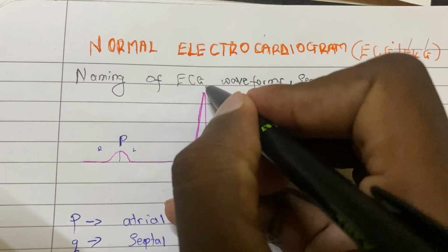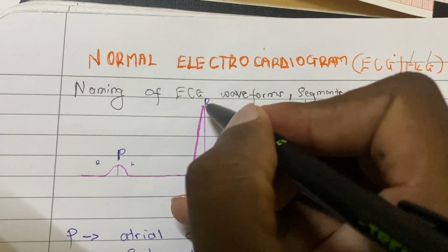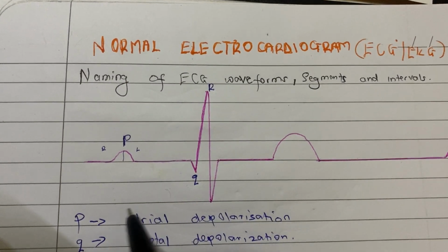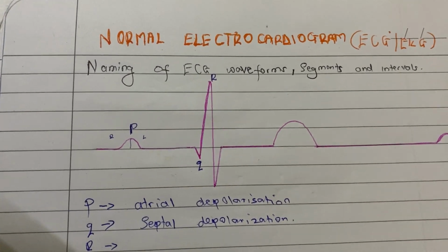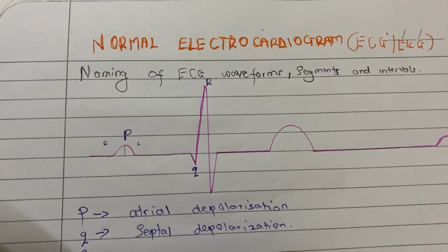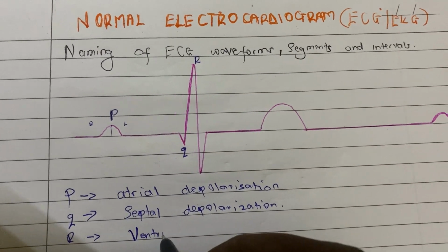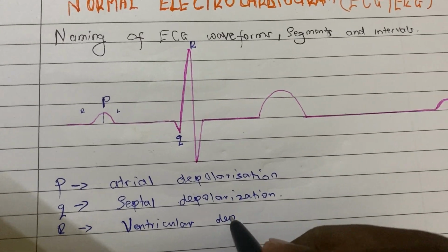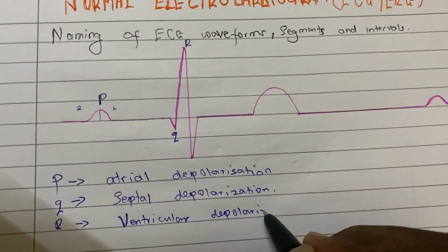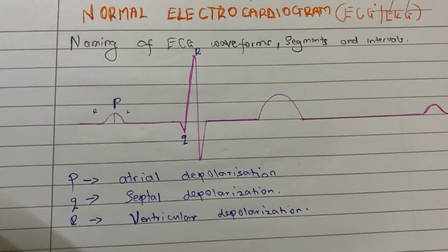The next one is R. The R wave is still ventricular depolarization, the major ventricles.